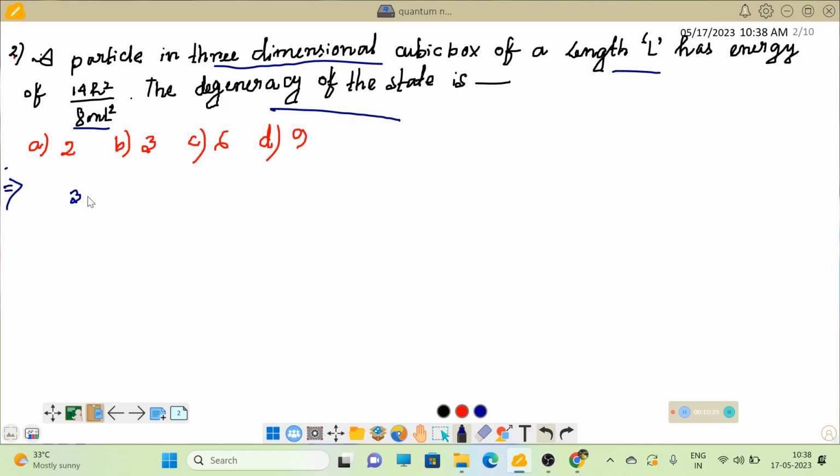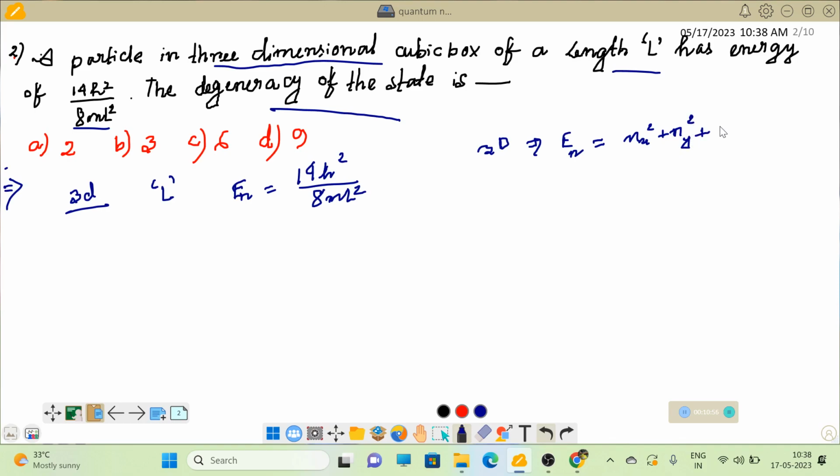Like here, three-dimensional box is given, and length is L, and the energy is 14 h square by 8 ml square. So for 3D, what is the energy? En equal to n x square plus n y square plus n z square into h square by 8 ml square.